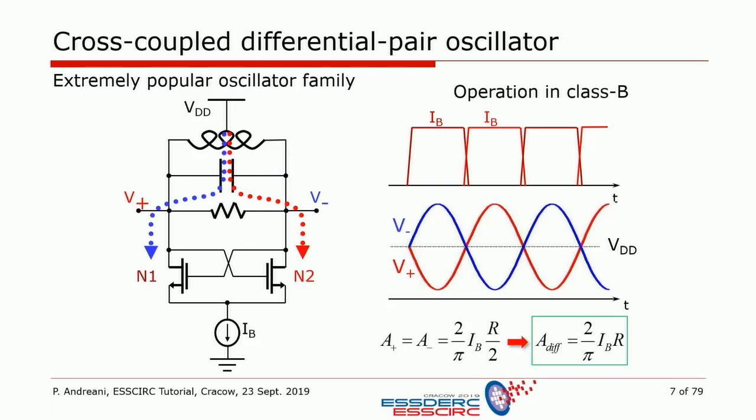Actually, it's pretty easy to show that it's just half of that. Since we inject the train of current through the center tap, each current waveform only sees half of the tank impedance at resonance, which is R/2. Differentially, we have an oscillation amplitude of 2/π times IB times R.